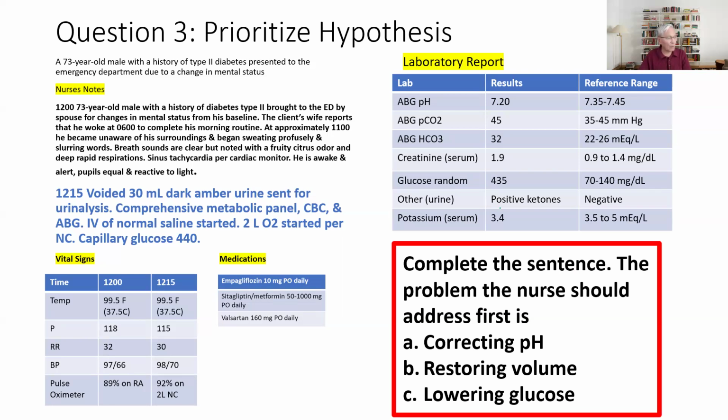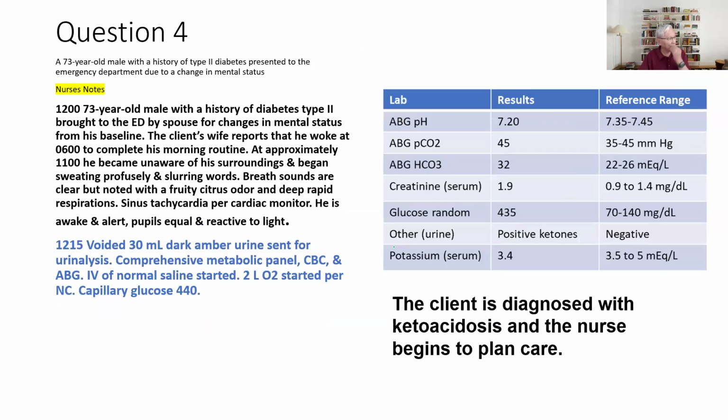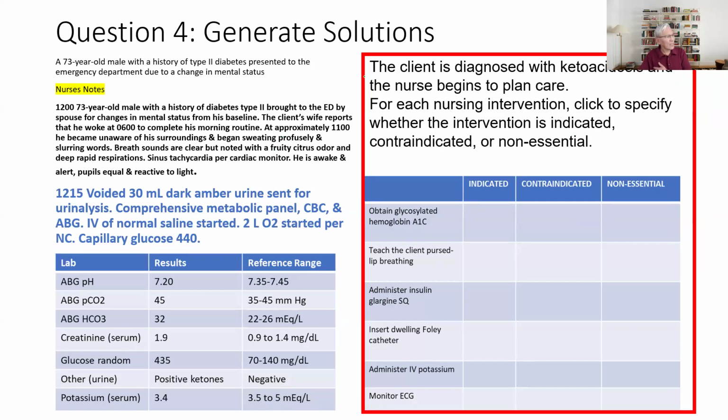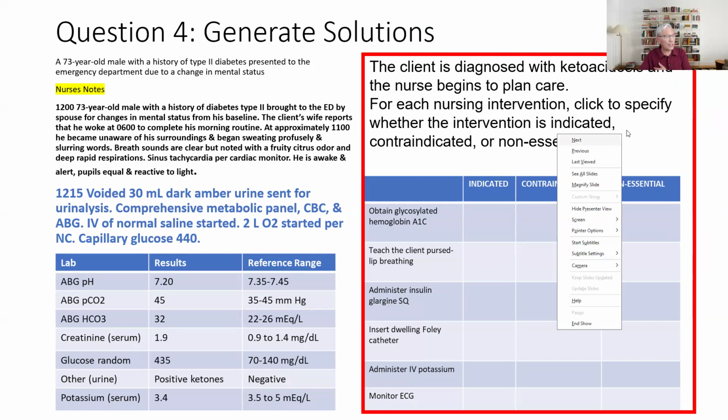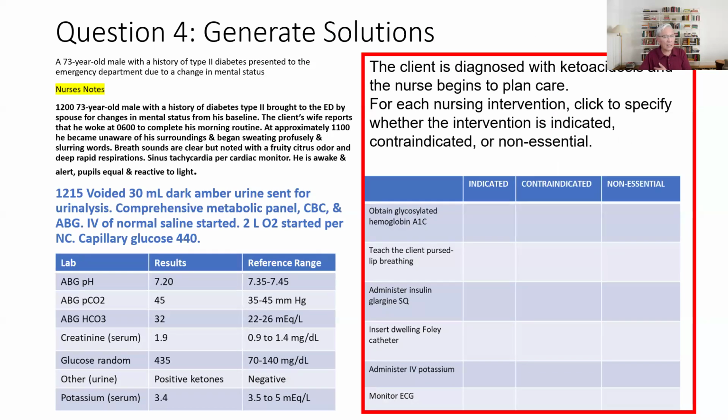Very good. All of you got that correctly. Okay, let's go to the next frame. The client is diagnosed with ketoacidosis and the nurse begins to plan care. All right, hero RN, here we come. For each nursing intervention, click to specify whether the intervention is indicated, contraindicated, or non-essential.